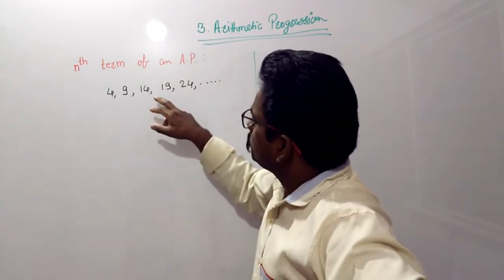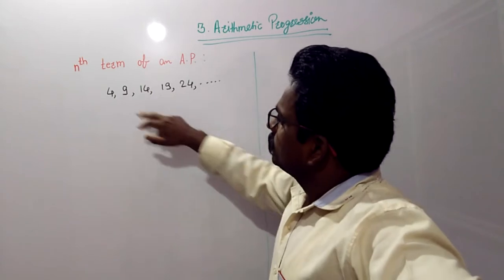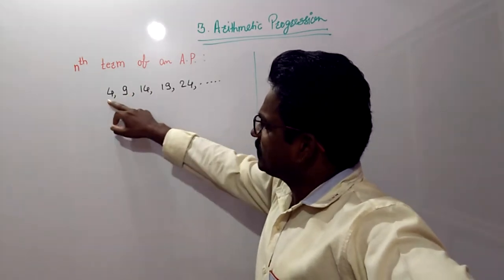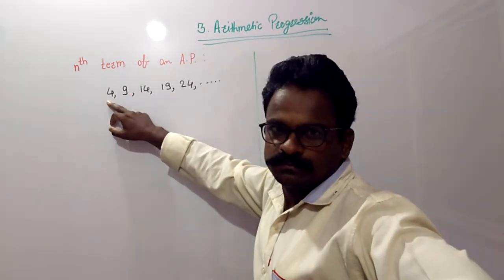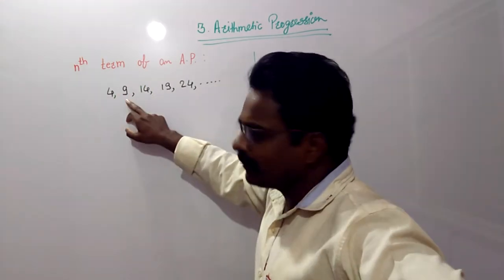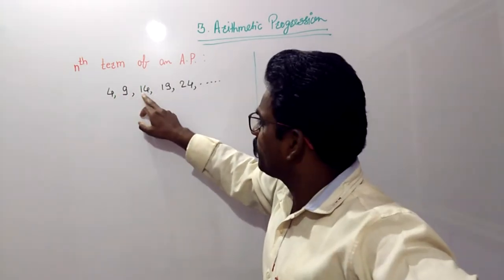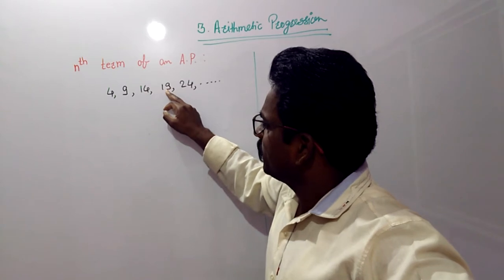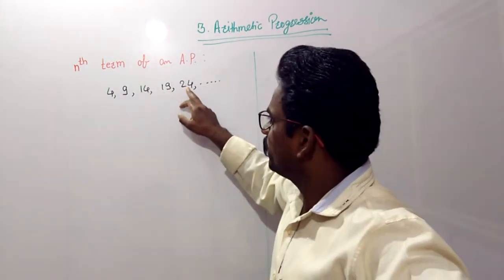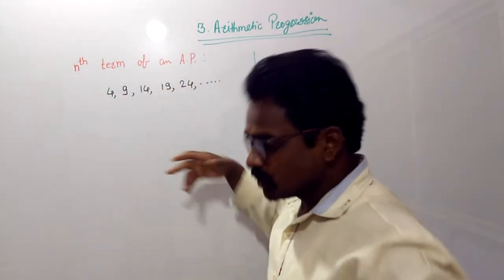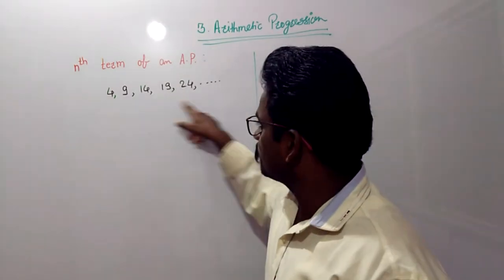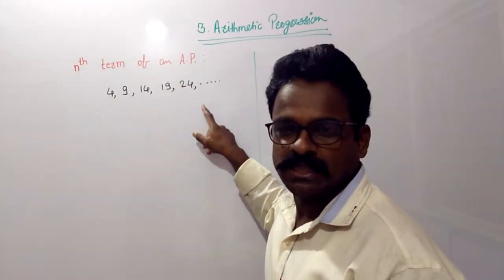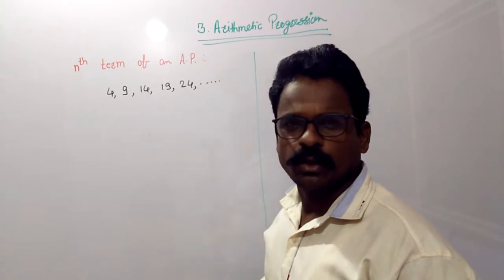Okay, see, 4, 9, how much is the difference? It's 5. 9, 14, how much is the difference? It's 5. 14, 19, again the difference is 5. 19, 24, again the difference is 5. So we can say that the given sequence is an AP, arithmetic progression, no doubt.